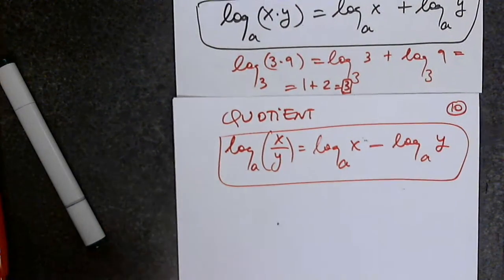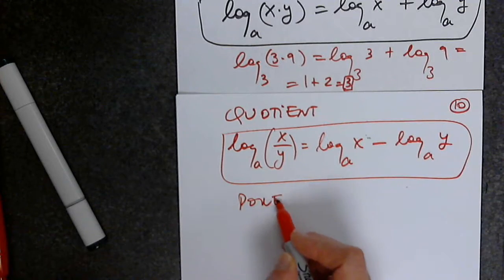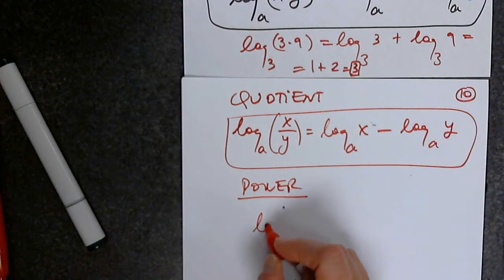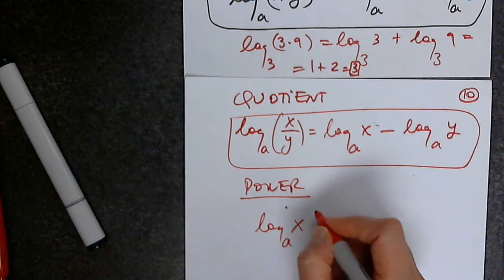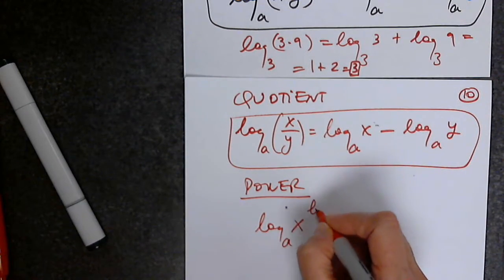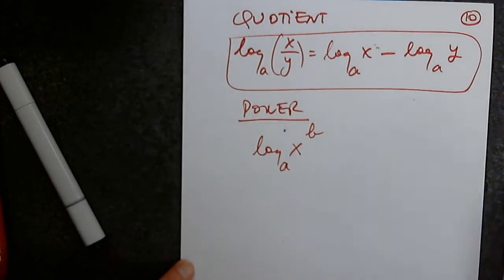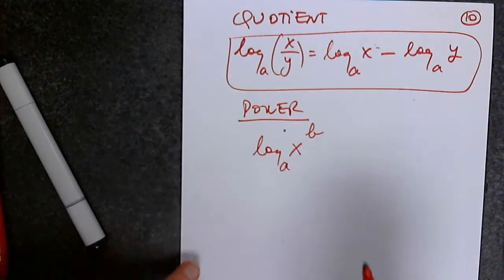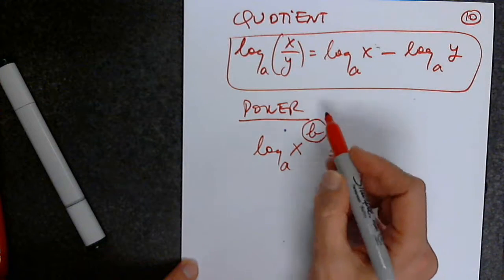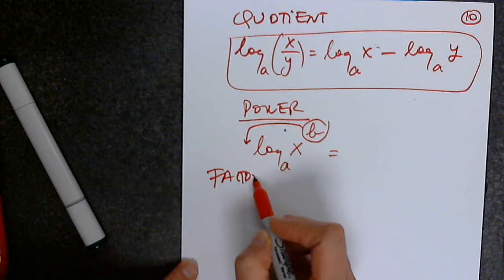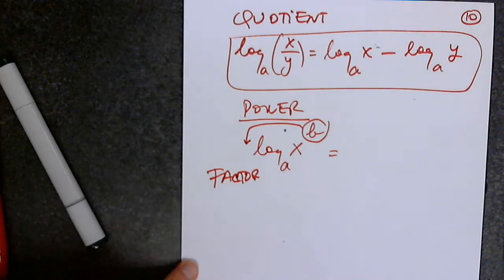Last one, power rule. Here's the power rule. Log base a of x raised to a power b. So this number goes in front as a factor, meaning multiplication, not addition, subtraction, or anything like that.